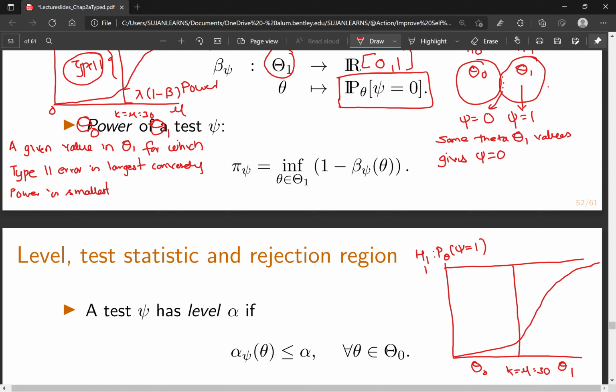We are looking at one point among theta 1 that contributes to the maximum probability of type 2 error, which is this point.